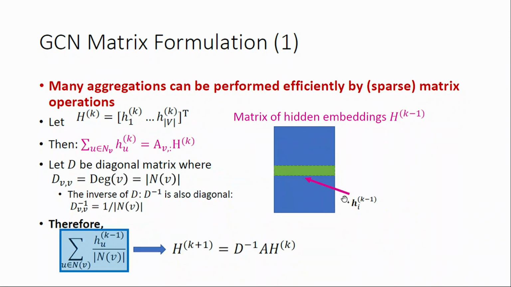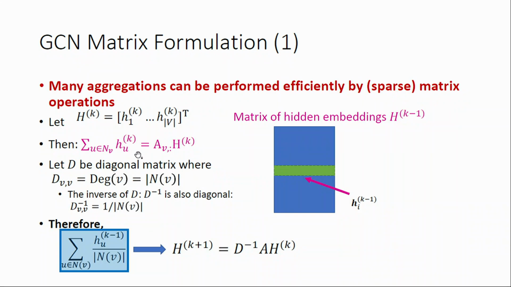The embedding of the ith node is one row of this big hidden embedding matrix, and this matrix is permutation equivariant at each layer. Each time we do matrix multiplication, it doesn't change the position along this dimension; it always remains here if you multiply it with another matrix.